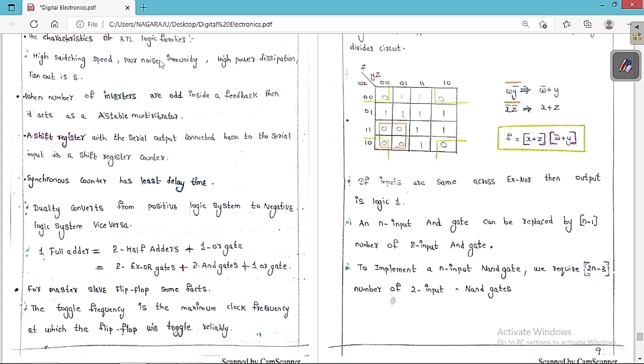So the important characteristics of the RTL logic families are high switching speed, poor noise immunity, high power dissipation, and a fan out of only 5. We can take only 5 outputs from the given circuit.